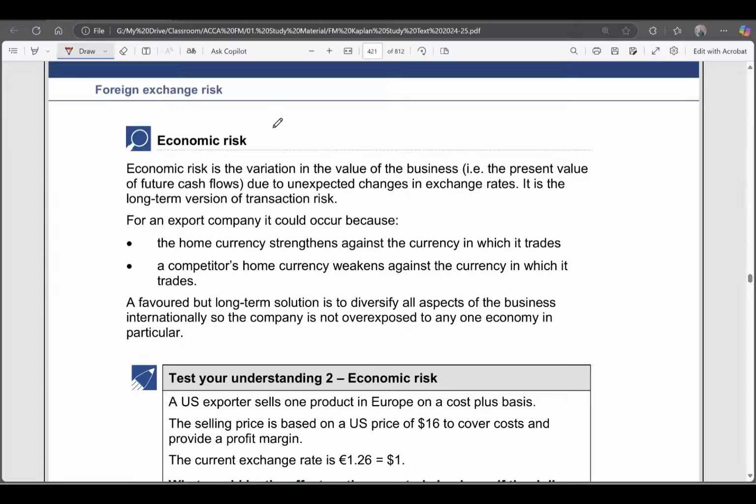So if you are a British company and you have only one subsidiary, in India, you are more exposed to economic risk because your total business is based in India.